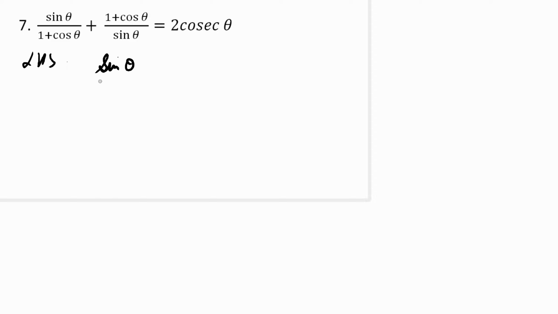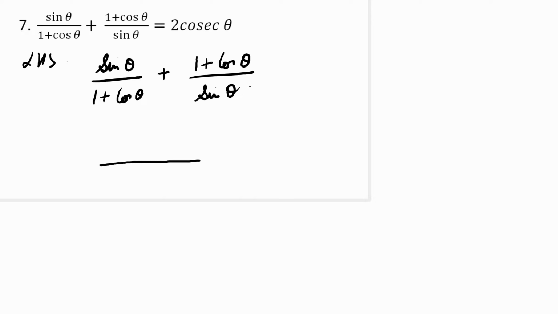So it is sin theta upon 1 plus cos theta plus 1 plus cos theta upon sin theta. When I take the LCM, it will be sin theta (1 plus cos theta) for denominators, and the numerator here will be multiplied by sin square theta, and here it will be multiplied by (1 plus cos theta) whole square.